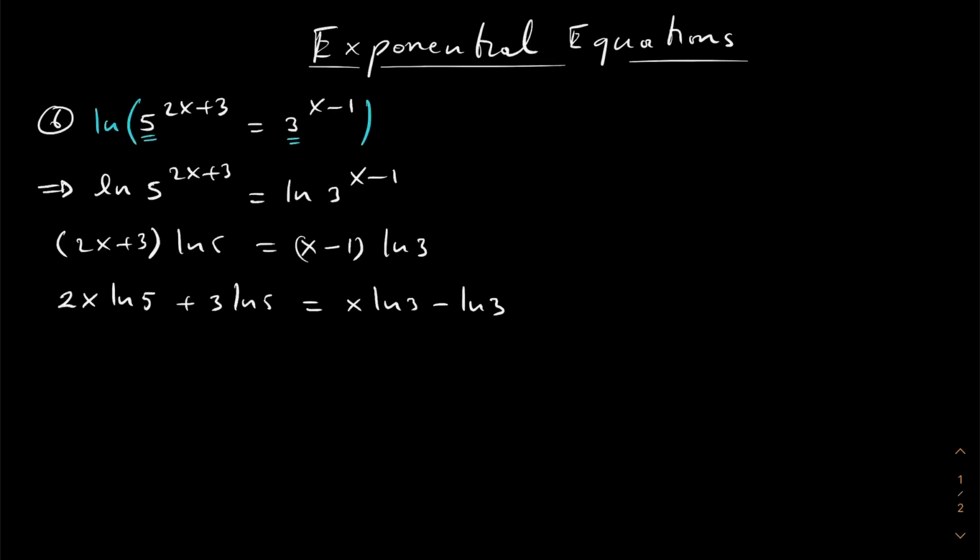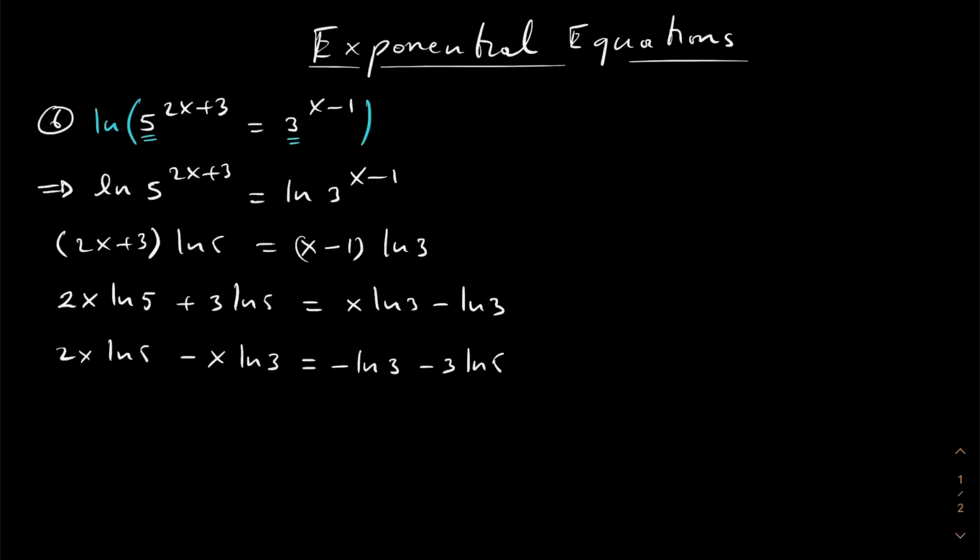And so with that, I have to go ahead and bring all the x terms on one side and all the non-x terms on the other side. So I'm going to have here 2x ln of 5. And then if I bring the x ln of 3, I'm going to have to subtract on both sides. That's going to give me here minus x ln of 3. And that's going to be equal to minus ln of 3. And bringing the 3 ln of 5 to the other side will give me minus 3 ln of 5.